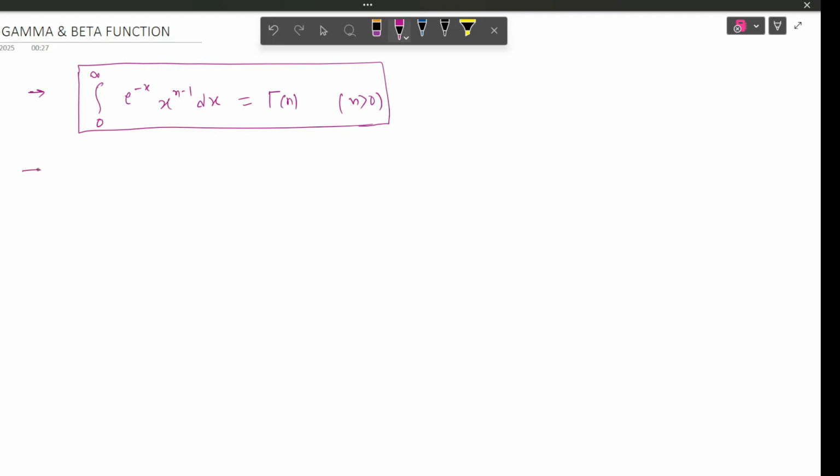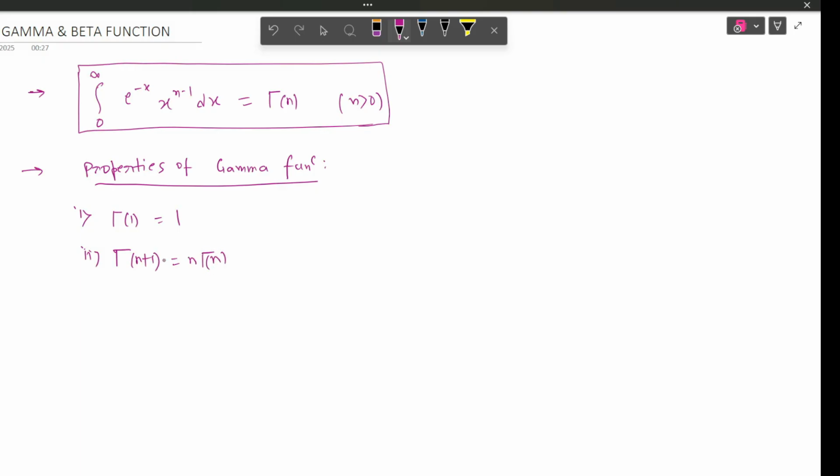Now if we talk about properties of gamma function, let's talk about properties of gamma function. The first property is gamma of 1 is 1. The second property is gamma of n plus 1 is n gamma n.